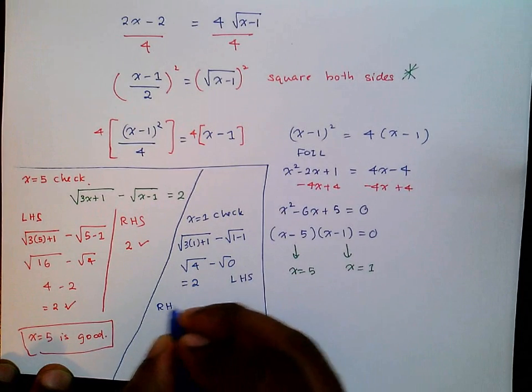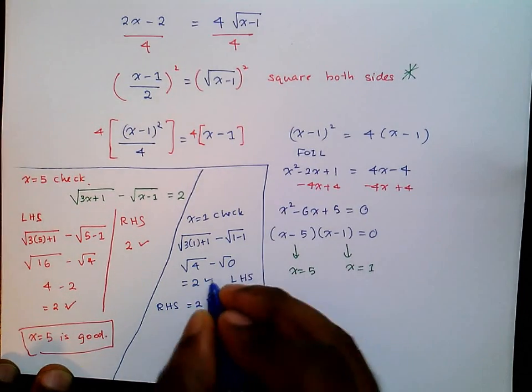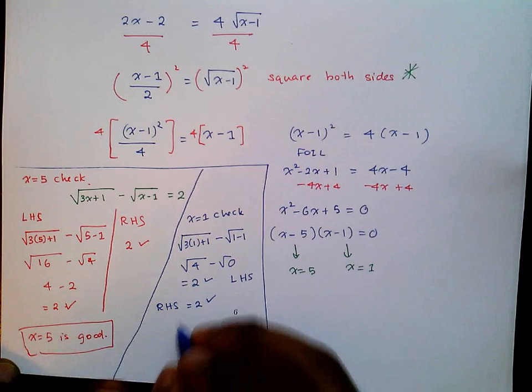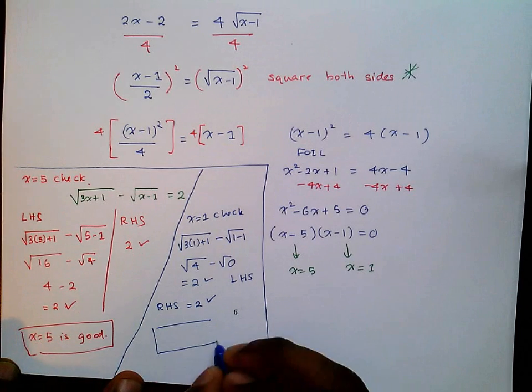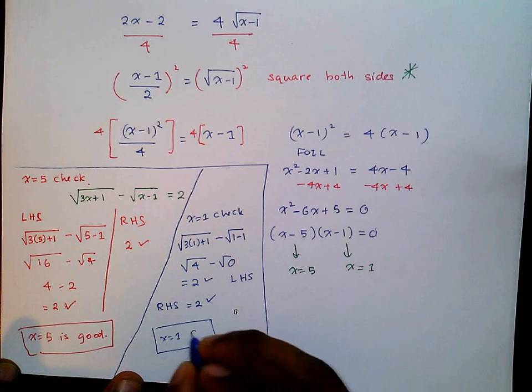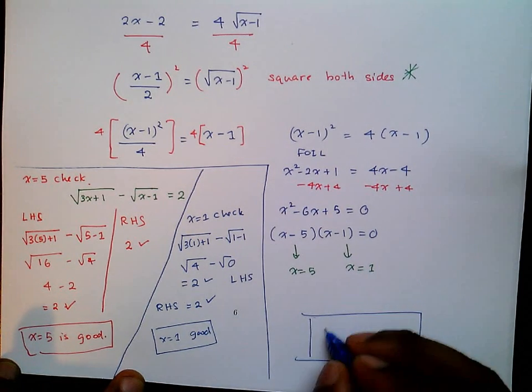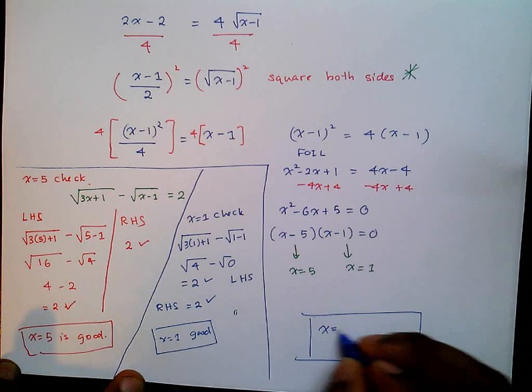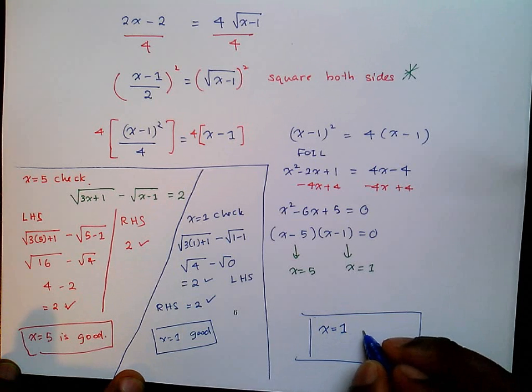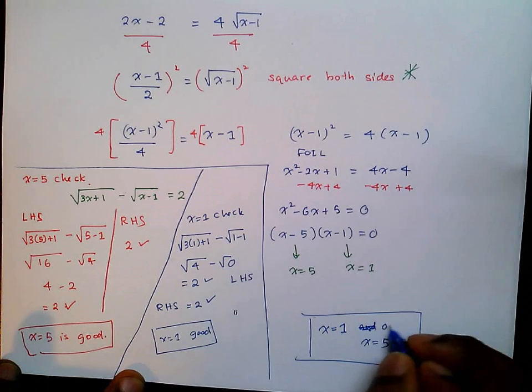And the right hand side is just 2. Again, both sides match, so x equals 1 is good. So the solutions for the given radical equation are x equals 5 and x equals 1.